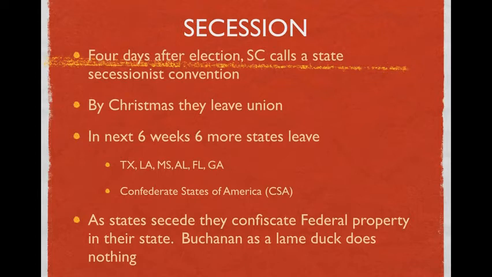The vast majority of military leadership was Southern born, so the commanders of these forts would simply lower the American flag and raise the state flag of Texas. The one holdout was Fort Sumter in South Carolina.